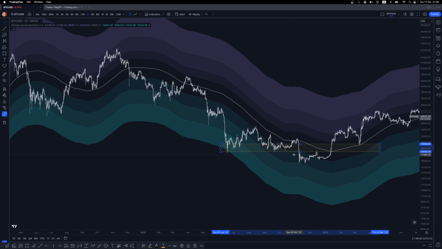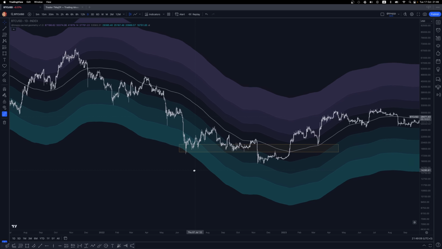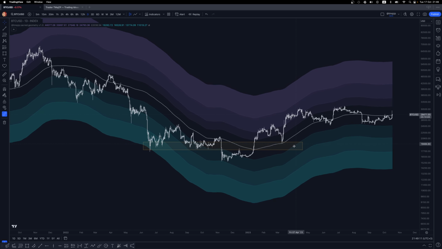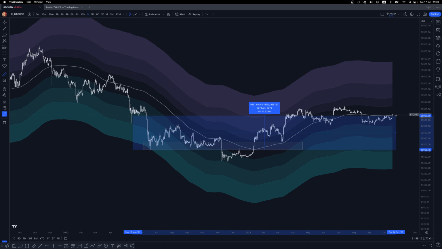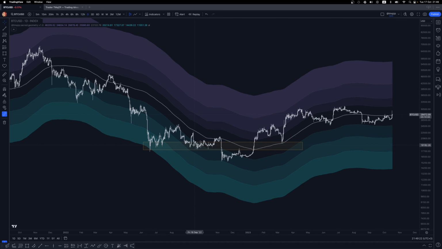Yeah, you had to endure a little bit of a downside here, which is 10%, you know. But overall, on the longer time period, it's pretty good, right? Because you would still be around 40-50% in profit, depending on where you entered your spot position, right? But you can use it as a DCA strategy, I suppose.